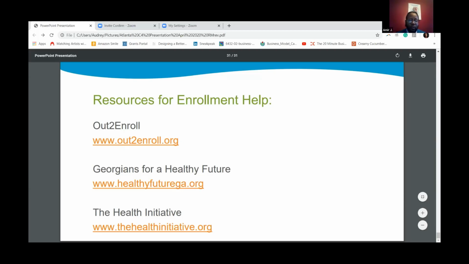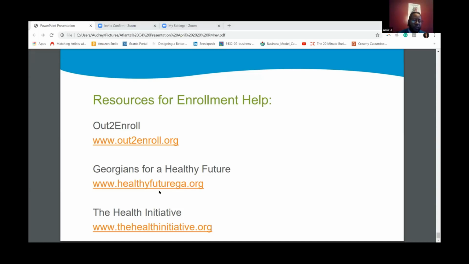Cover Georgia is working to expand Medicaid access here in our state, and I often share with folks that if there is a concern or a need, looking at Cover Georgia can be useful to know what you can do in terms of plugging in to increase access to coverage here in our state. And then the other one is us, the Health Initiative, which I've spoken about a couple of times this afternoon.